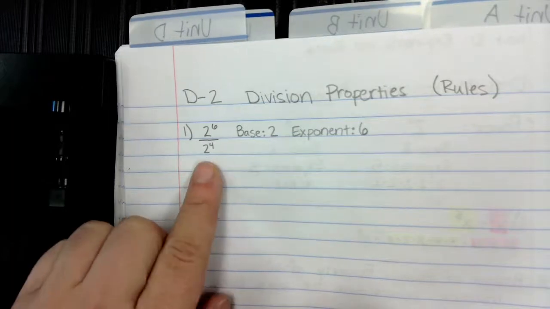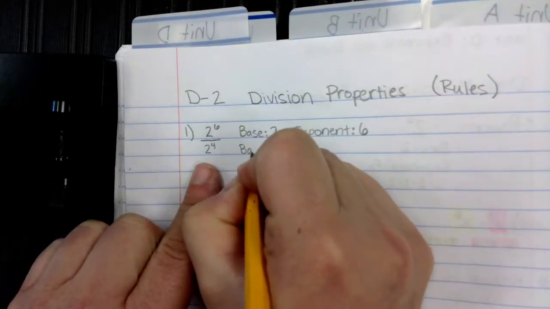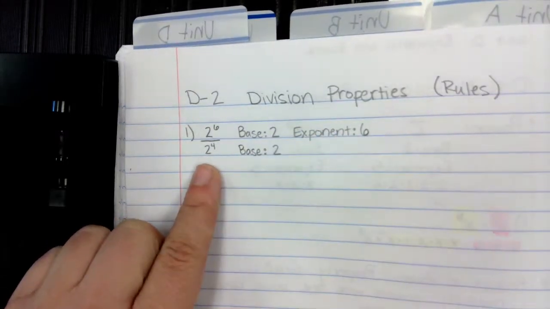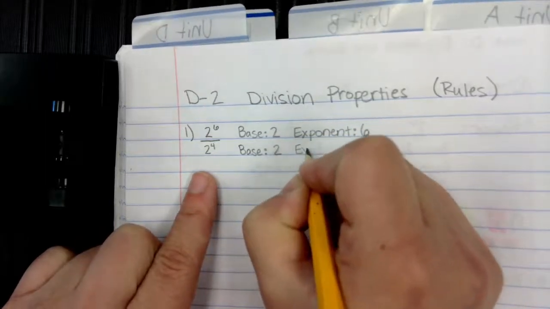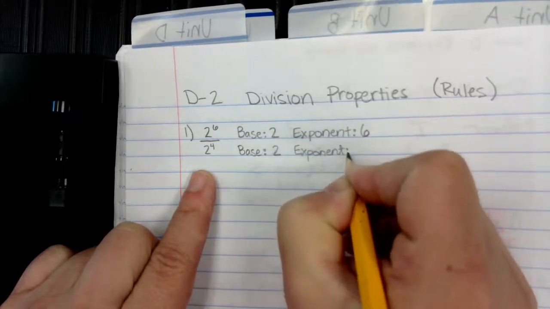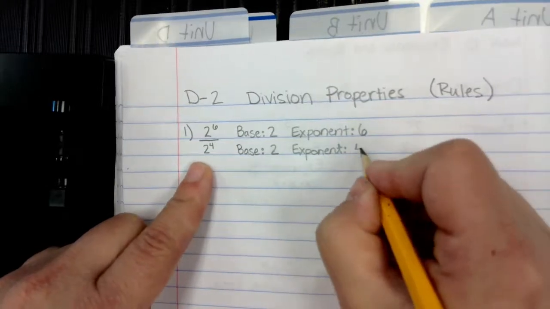What's the base? 2. That tells us what we're multiplying. What does the exponent tell us? Yeah, how many times we're going to multiply. And on the bottom, how many times are we going to multiply that 2? 4. So that's just a quick review from yesterday if you weren't here or if you're still a little confused.